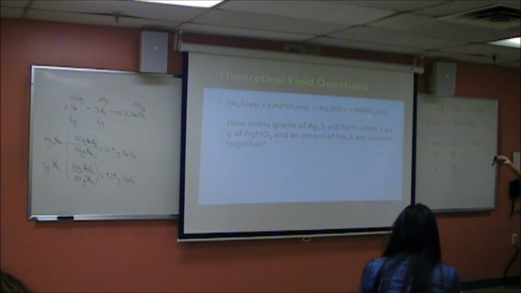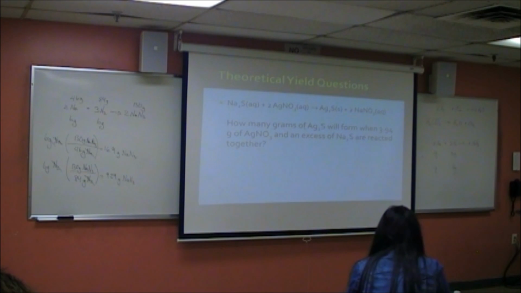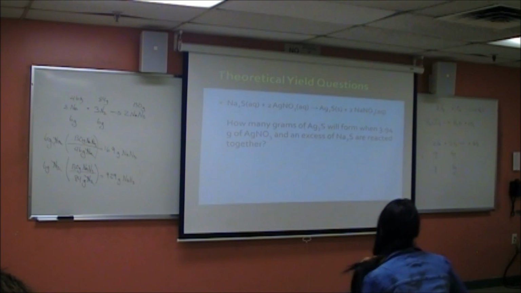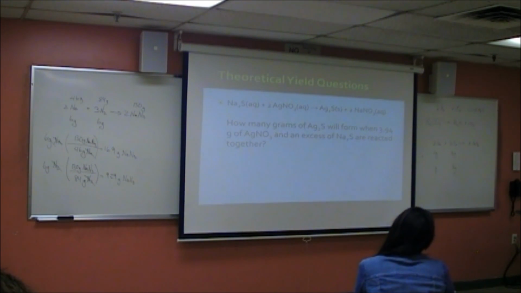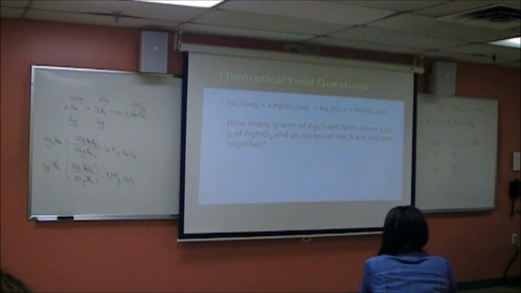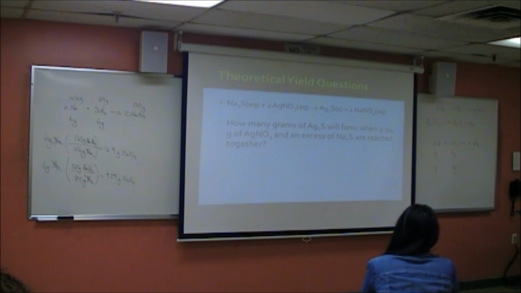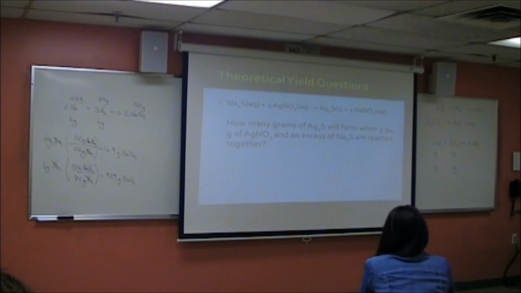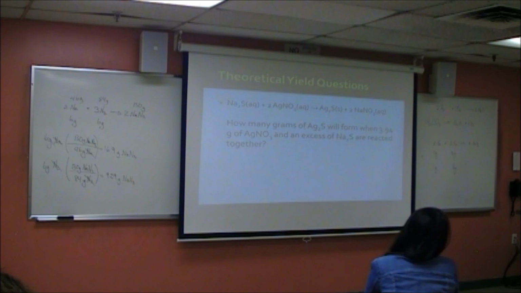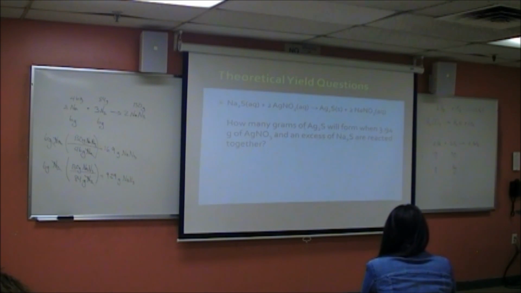Can I get this read in a sentence? 1 mole of sodium sulfide reacts with 2 moles of silver nitrate to produce 1 mole of silver sulfide and 2 moles of sodium nitrate. Very good, okay?